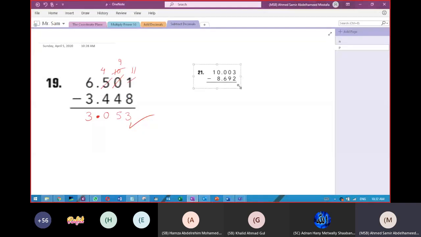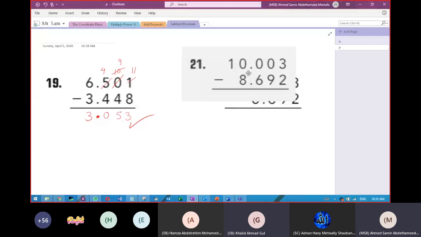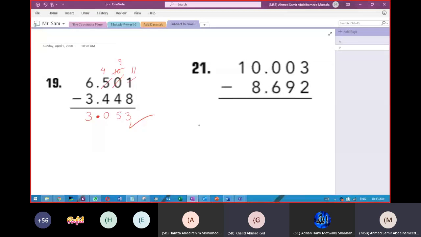Okay, Khalid, I need you to help me with this one, please. First thing, we have 3 minus 2 equals 1. Then we can't subtract 9 from 0, so we'll borrow from the 1.